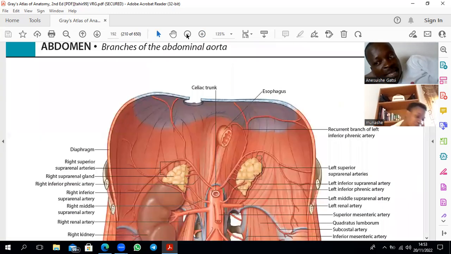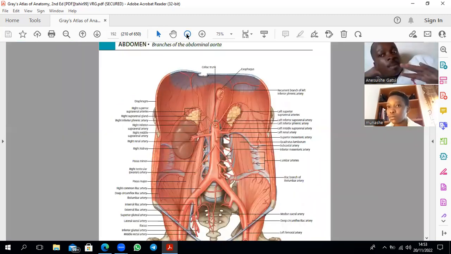So for us to understand abdominal aorta, let's forget the aorta for now and briefly describe the abdomen. Abdomen is what we call viscera, which are the organs inside: the stomach, the kidneys, everything.